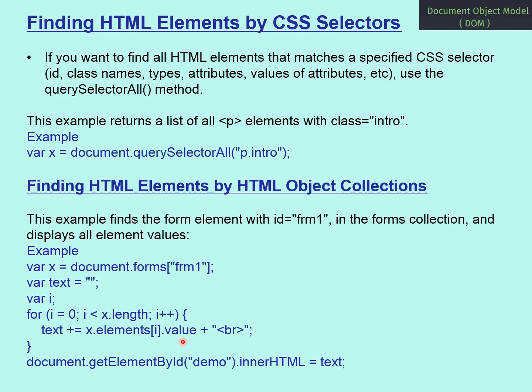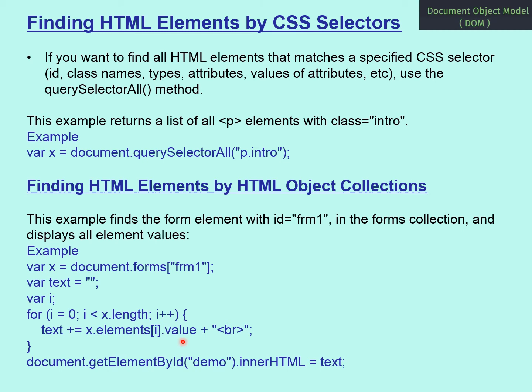The next method that we discussed is querySelectorAll. The querySelectorAll method selects all the data related to a particular HTML element, or we can specify it using the HTML tag, its ID, or its class name.